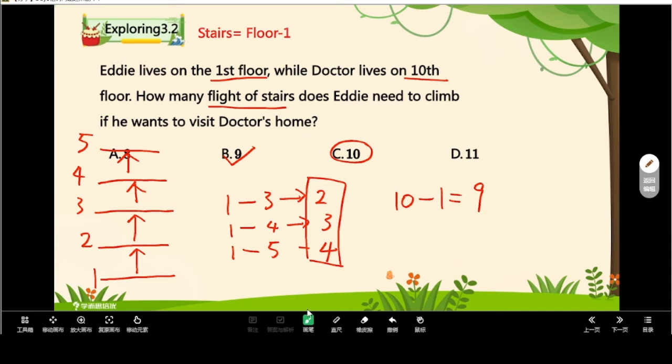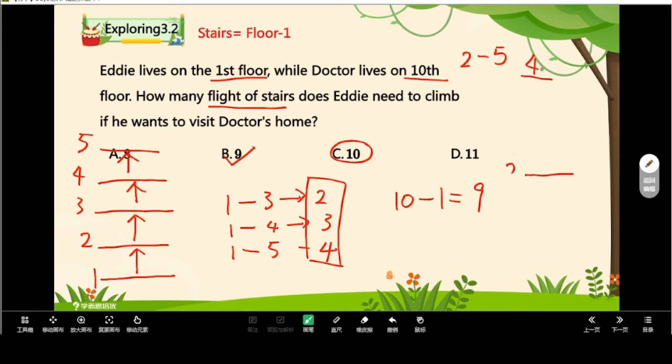Okay, now if Helen wants to go from the 2nd floor to the 5th floor, how many flights of stairs do I need to go through? What do you think? Many of you think it is 4. So let's check if it is really 4.